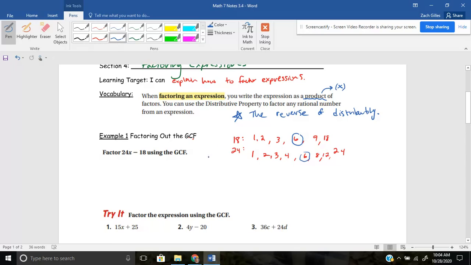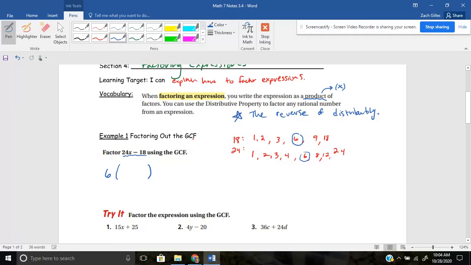Once I have found the factor, that is essentially what I'm going to be factoring out of this expression. So I'm going to take 6 out of 24x minus 18. I write down that factor, and then add parentheses.